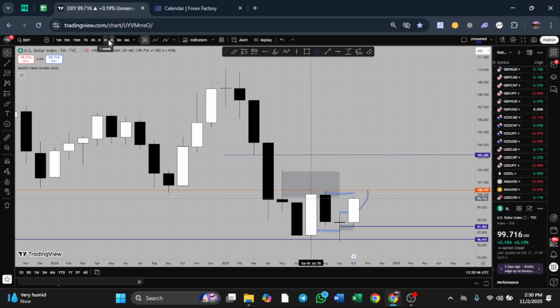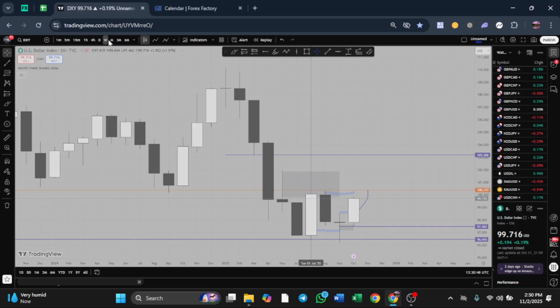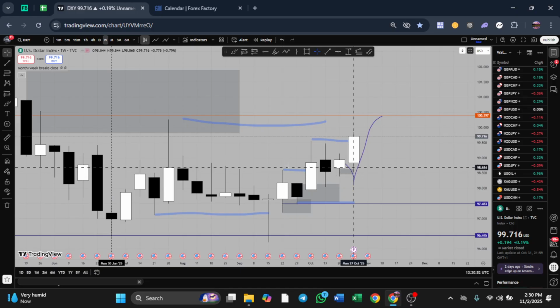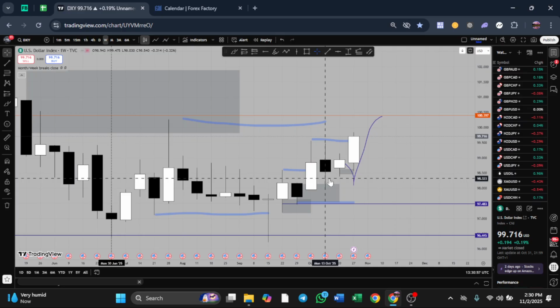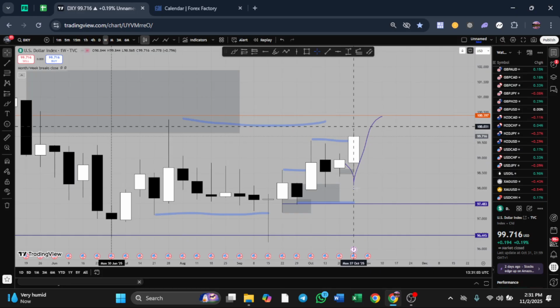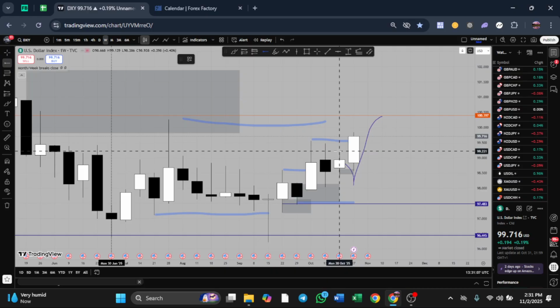So potentially we might see price head up there. And then we are expecting there should be a pullback to this point. But this is a high. We're expecting continuation. So this candle is bullish. Looking at the imbalance, we've got somewhere within this range.